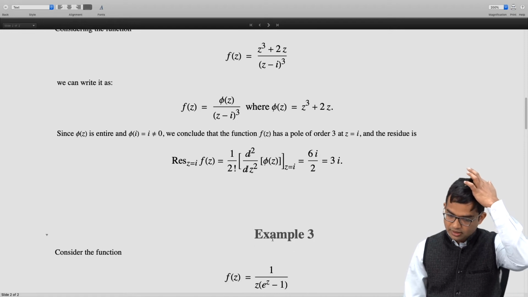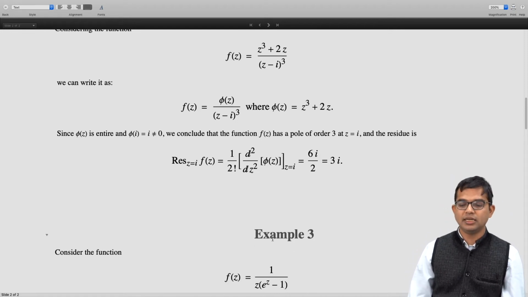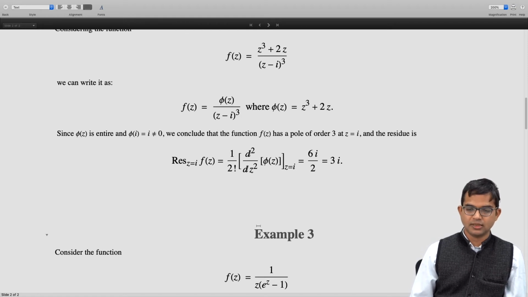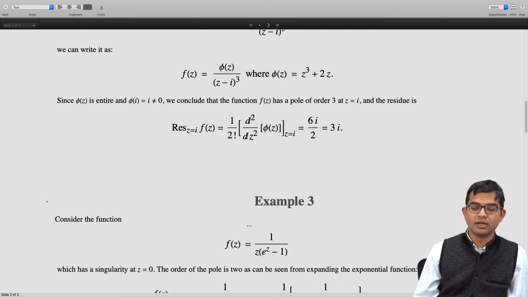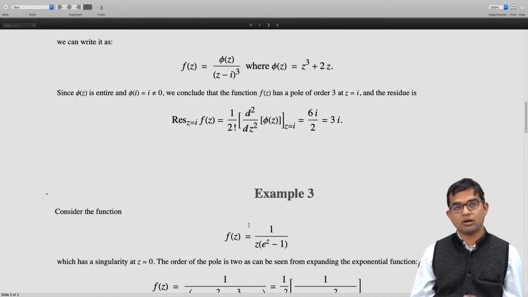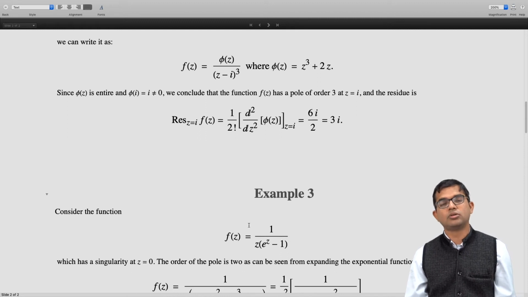Now consider this function: 1 over z times e to the z minus 1. Oftentimes it is simplest to just find the Laurent expansion of this function, which in turn can be obtained from the Taylor expansion of the denominator. If you simply do that, you can work out the order of the pole and also the residue.